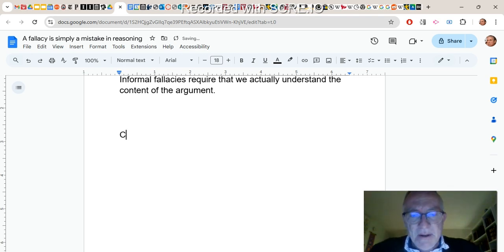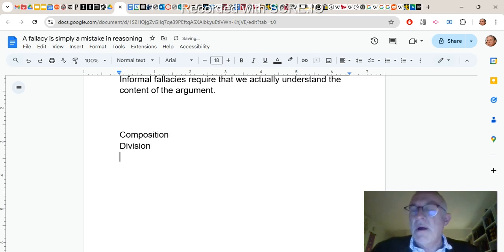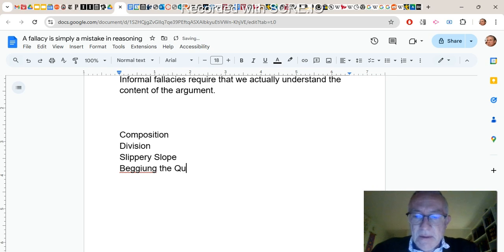There's a fallacy of composition, of division. Just off the top of my head, there are slippery slope fallacies. There is begging the question. What are some other ones? Informal fallacies.